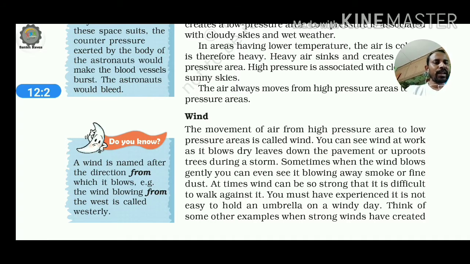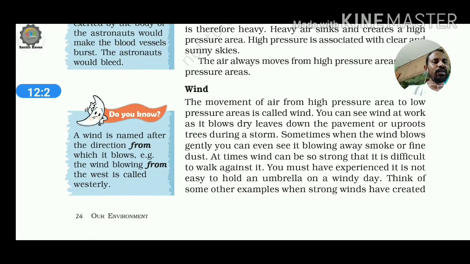So look, sometimes when the wind blows gently, you can even see it blowing away smoke or fine dust. At times wind can also be so strong that it is difficult to walk against it. You must have experienced that it is not easy to hold an umbrella on a windy day.